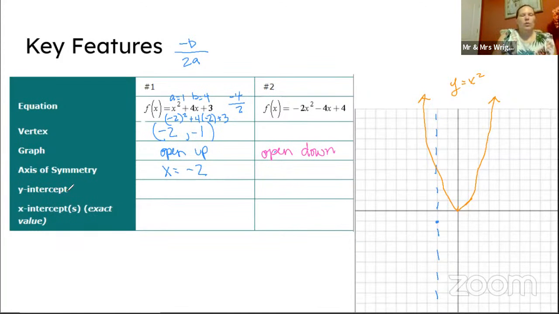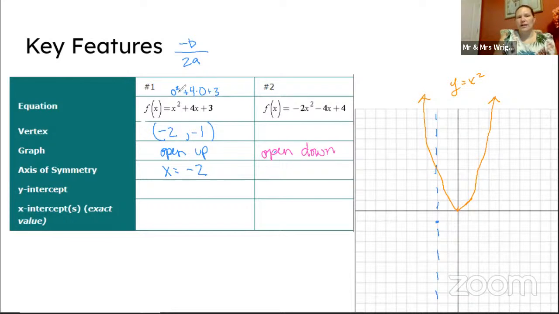All right, so y-intercept. How do we find the y-intercept? Well, we find the y-intercept by putting 0 in for x, and then we'll get the y-intercept. So let me go ahead and erase some of this so I have a little bit more room. I'm going to put 0 in for the x value, and then it'll determine what my y value is. 0 squared plus 4 times 0 plus 3.